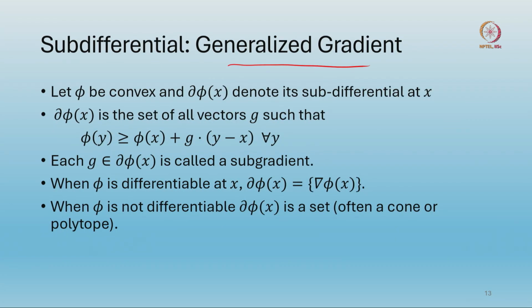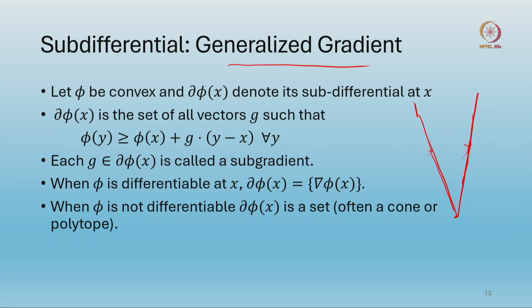Think of this as my tent function or inverted tent function. This is the point where no derivative is possible at the tip. So what are the supporting hyperplanes here? Away from this lowest point, here the supporting hyperplane is this line itself. On the right limb the supporting hyperplane is this limb itself.